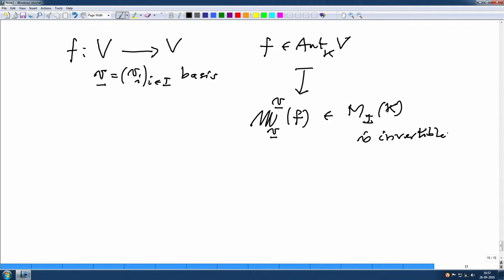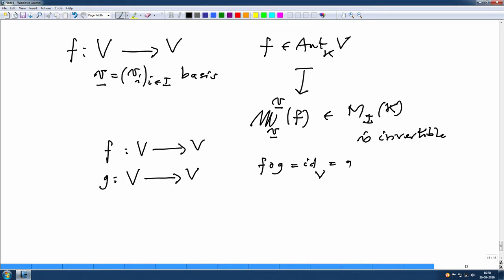And how does one check this? Because f is an automorphism, there is a map in the other direction g: V to V, so that f composed with g is the identity map on V. Similarly, g composed with f is the identity map on V. That is the definition, because this is an automorphism. It has the inverse map, and that inverse map is nothing but g.